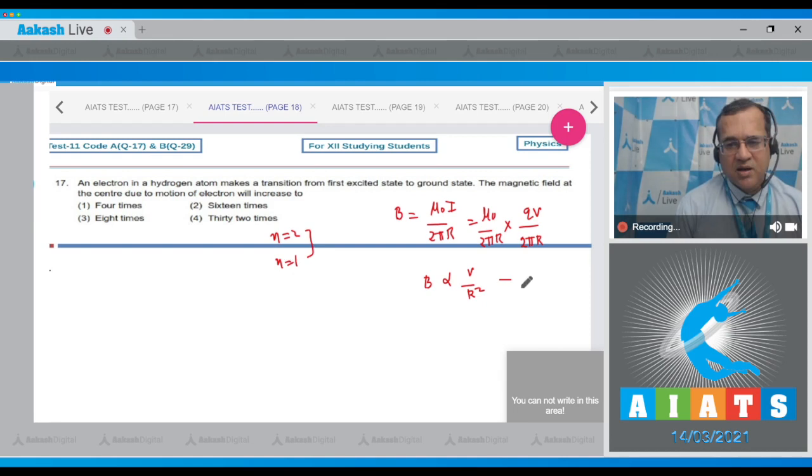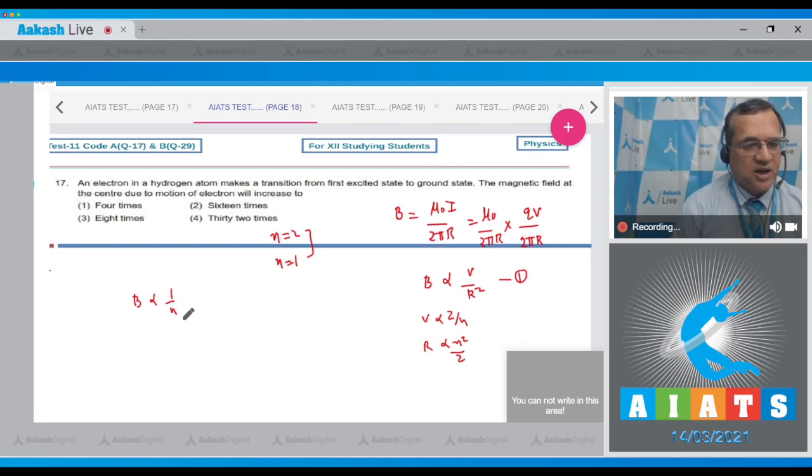Now v is proportional to z by n, and r is proportional to n squared by z. If you fill in from here, then B becomes 1 by n and 1 by n to the power 4, so 1 upon n to the power 5.